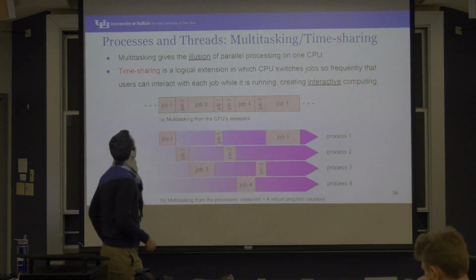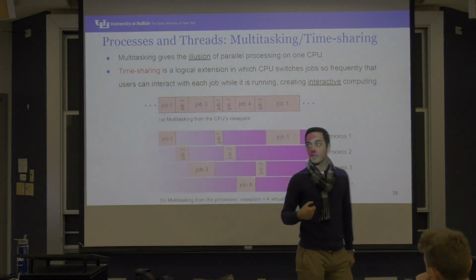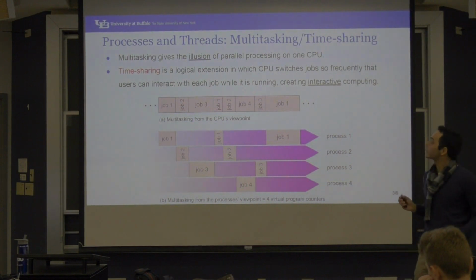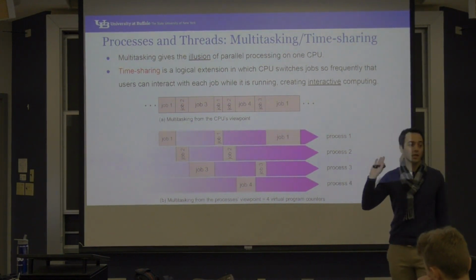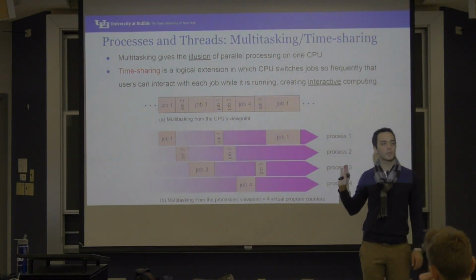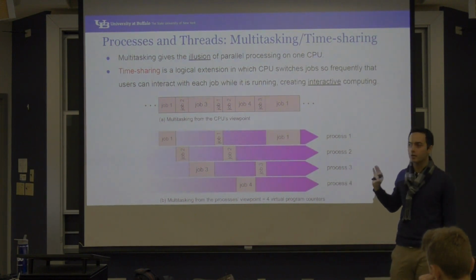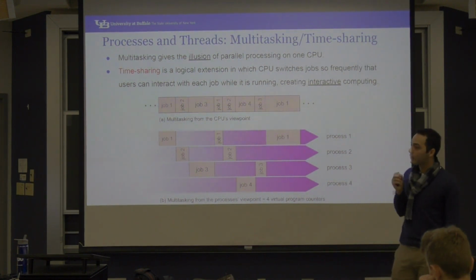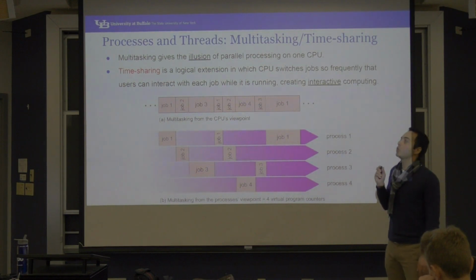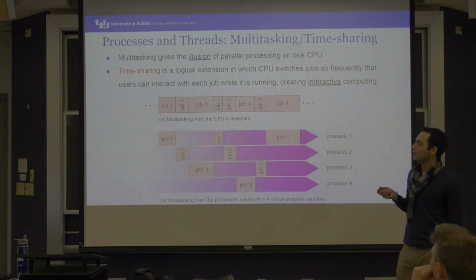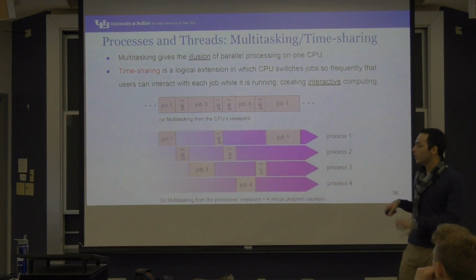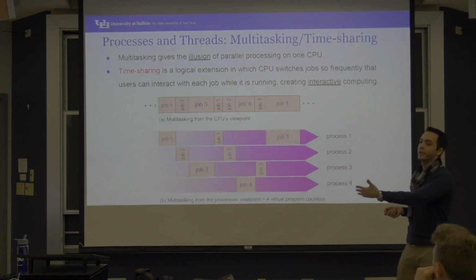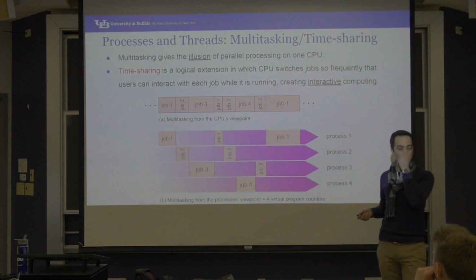So processes and threads give you the illusion of parallelism in your computer. We're talking about a single core computer here, right? We're not talking about multiple cores, like hyper-threading and everything. This is a simple core. In a simple one-core computer, you time share your tasks. Job 1, job 2, job 3, job 1, job 2, job 4, and you do this with such a high frequency that when you look from outside, you see processes 1, 2, 3, and 4 progressing at the same time, right?